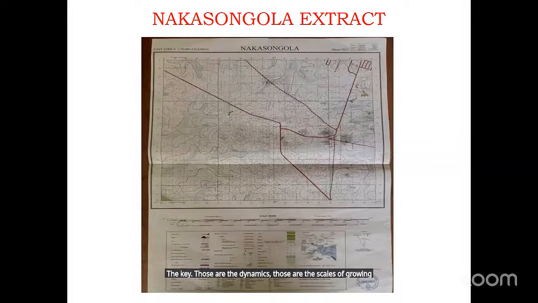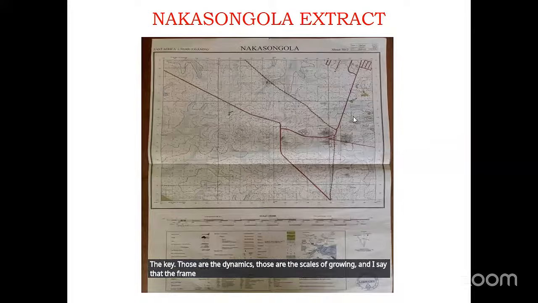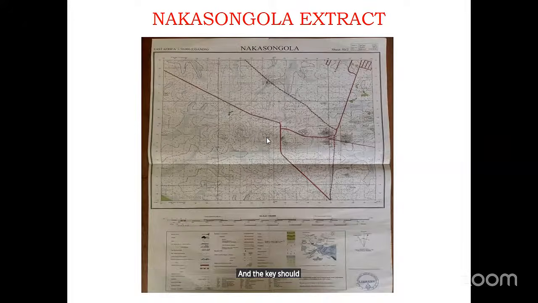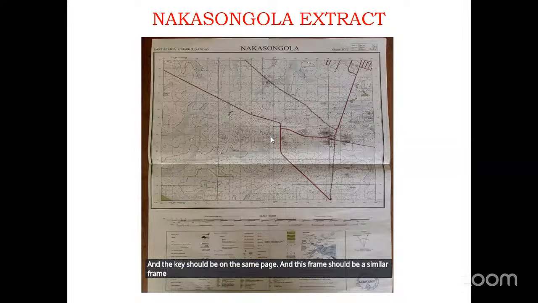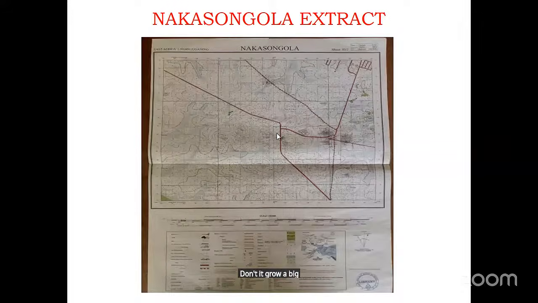And I say that the frame should cover the title, the frame, the compass rose, and the key should be on the same page. And this frame should be a similar frame, not the same frame. Don't draw a big one, I said, let the frame cover at least half of the page, such that you accommodate everything there.